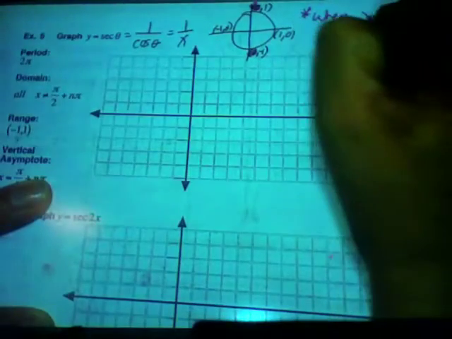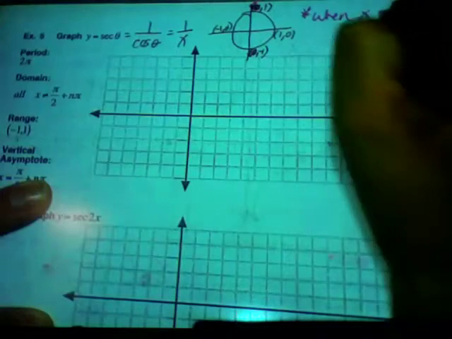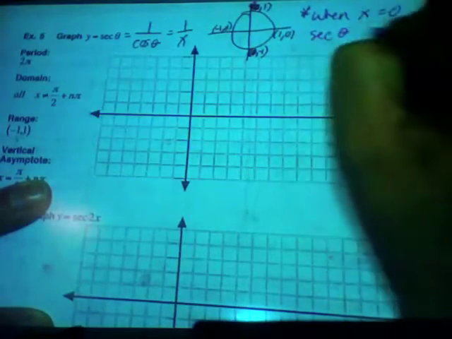All right, so I'm going to start with, and you might want to add this up here also, that when x equals 0, secant of theta is undefined.